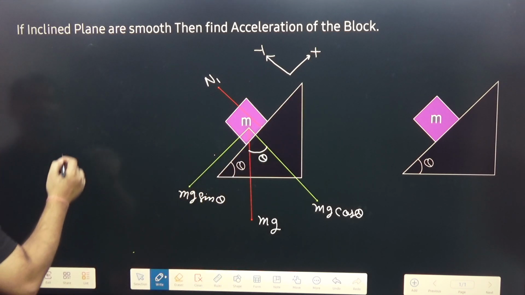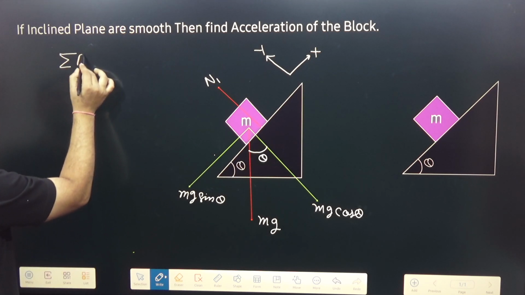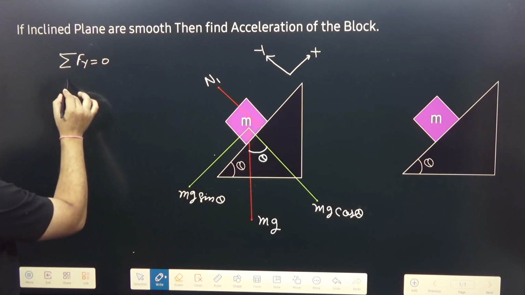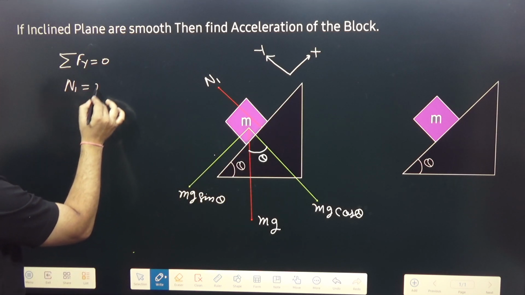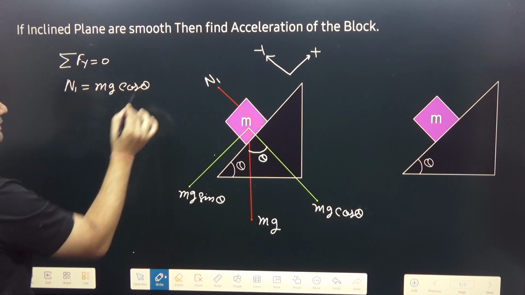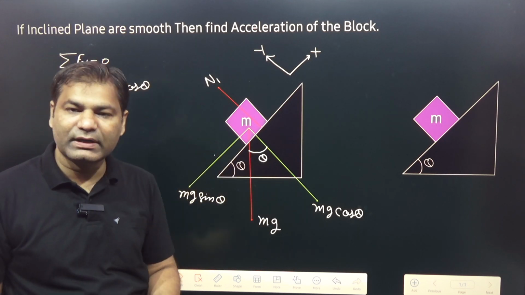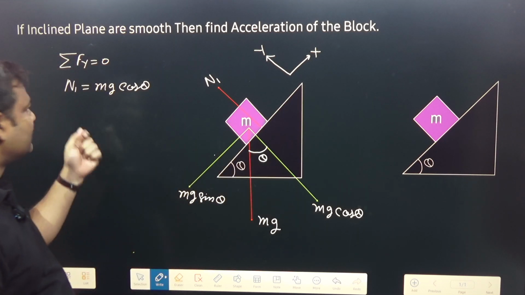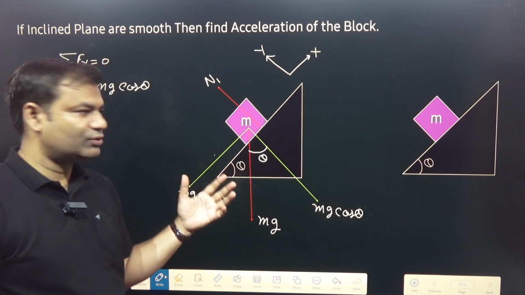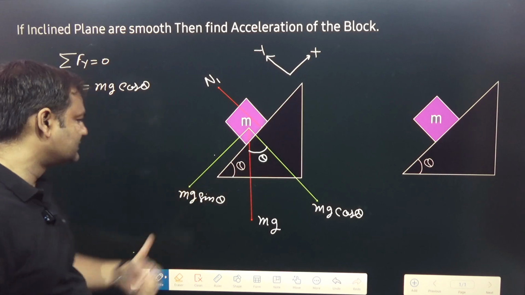So according to Newton's second law, the net force in the y direction, F of y, is how much? Zero. So N1 will be equal to how much? It is only possible if N1 is equal to mg cos theta, then this block does not move along this direction. After that, look here, this block moves along this direction, so the only unbalanced force is in which direction? In the capital X axis.